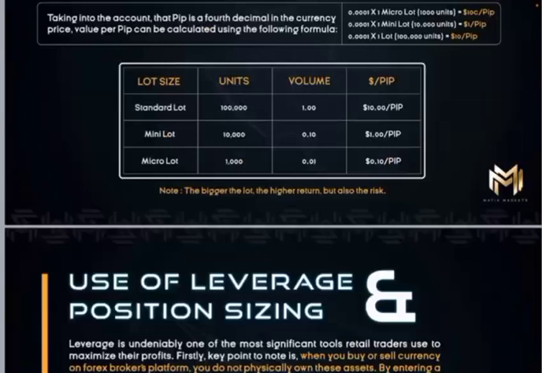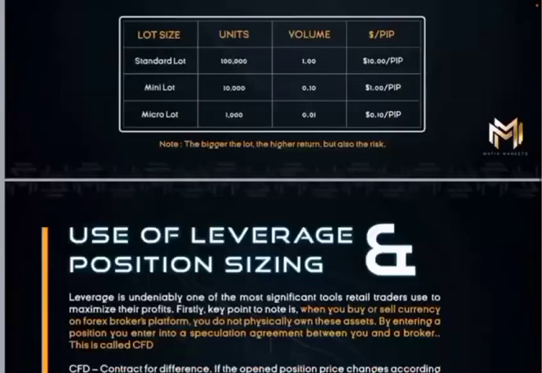Mini lot, 10,000 units, $10,000. Standard lot, 100,000 units, $100,000. The denomination of this is as follows. A micro lot position gives you 10 cents per pip.